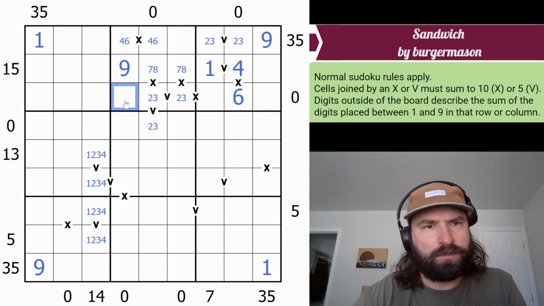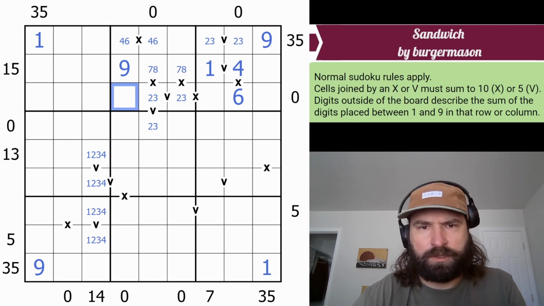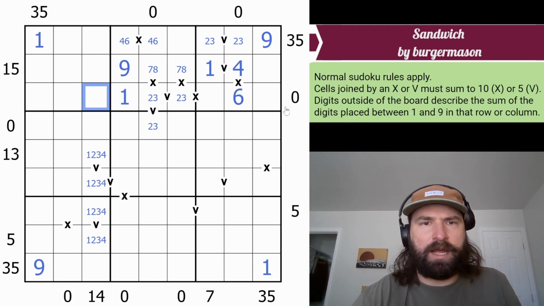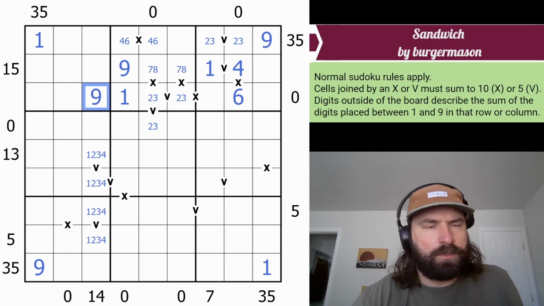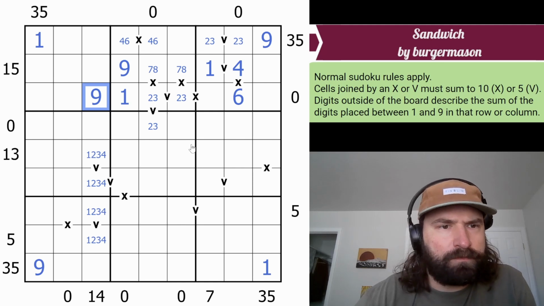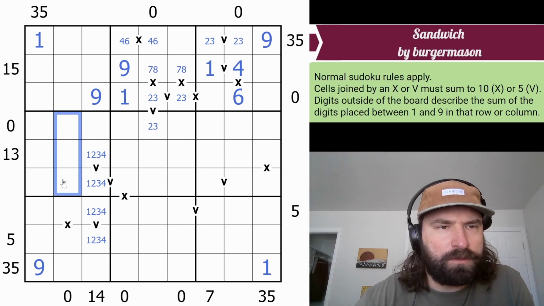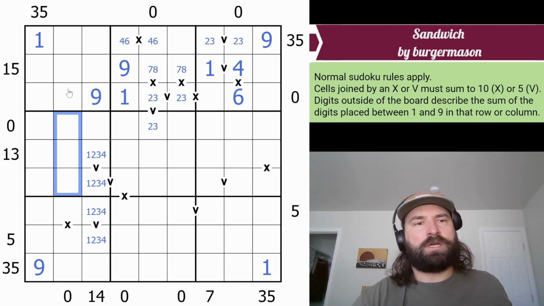So this is a 1. So this has to be a 9. Yeah, this is a 1 by Sudoku. All right. So this is a 9 because 9 has to go next to 1 in a 0 row. That's great. So now 9 goes in one of these 3. And I was just talking about this shape.